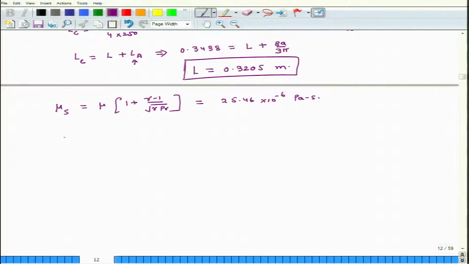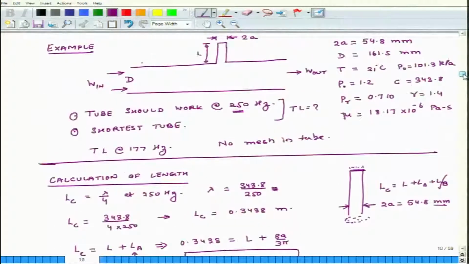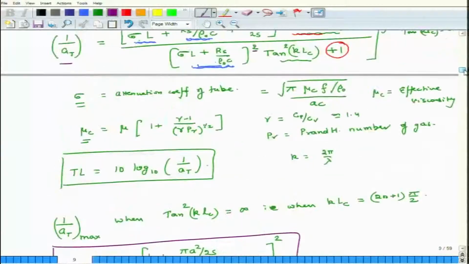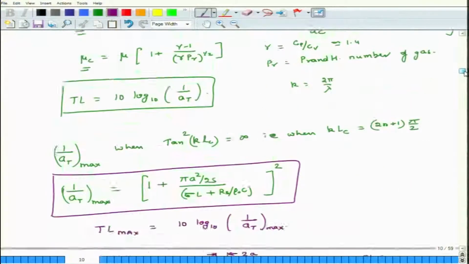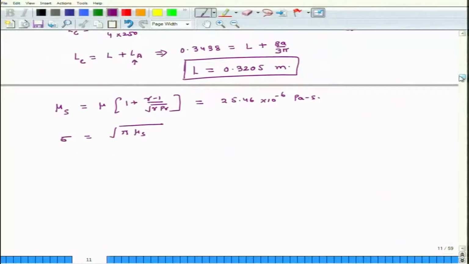The next thing I do is compute sigma. Sigma is the attenuation coefficient of the air inside the pipe, attributable to the effective viscosity. That is equal to pi mu s. Is it mu s or mu c? What did we define it as earlier? I said mu c, so I am sorry, I should call it mu c.